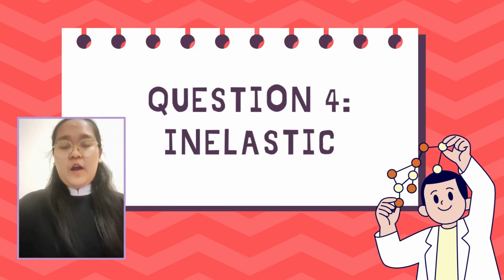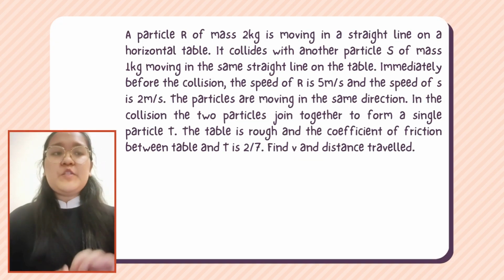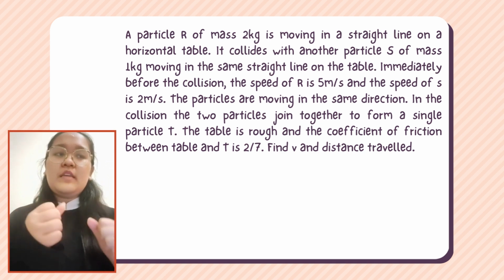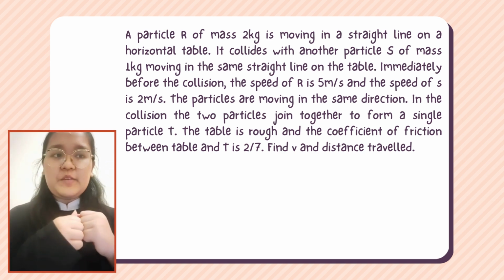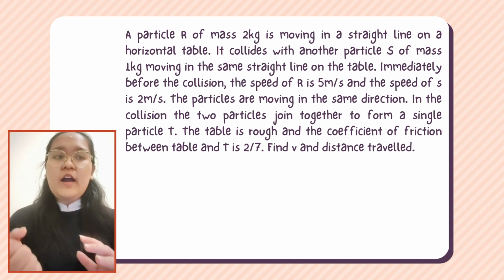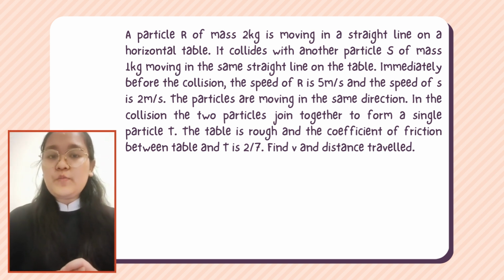Question 4. Our last question for this topic is for inelastic. A particle R of mass 2 kg is moving in a straight line on a horizontal table. It collides with another particle S of mass 1 kg moving in the same straight line on the table. Immediately before the collision, the speed of R is 5 meter per second and the speed of S is 2 meter per second.